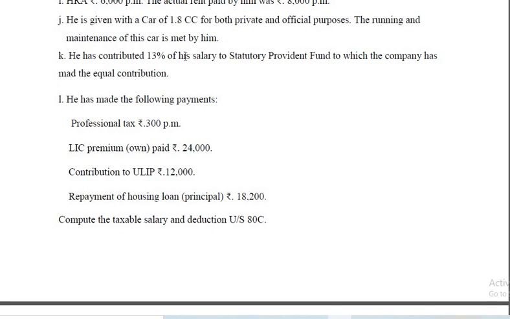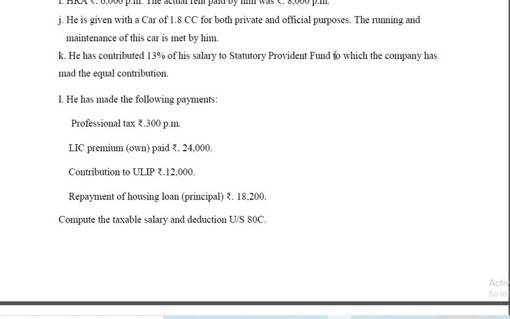He has contributed 13% of his salary to statutory provident fund. So if it is statutory provident fund, there is no limit to the contribution of the employer regarding the taxability. Whatever may be the contribution of the employer to the statutory provident fund, it is not at all taxable.